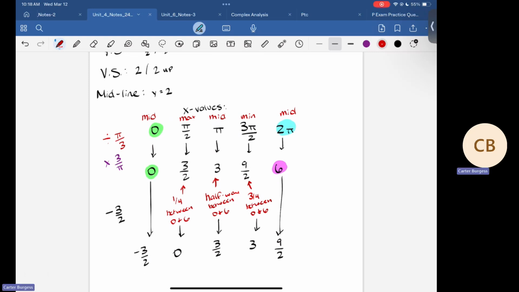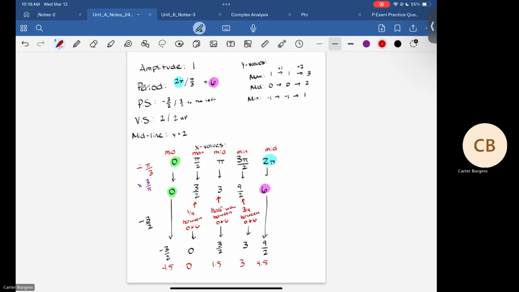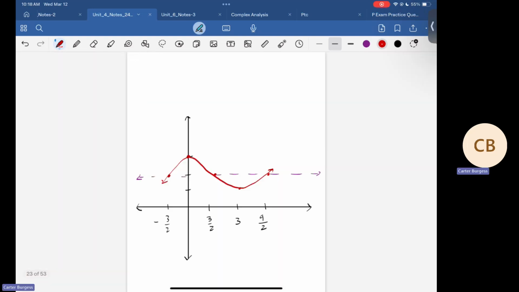This one could be helpful to think of in terms of decimals as well. This is like negative 1.5, 0, 1.5, 3, 4.5. Not a bad way to think about it either. And you get something like this.